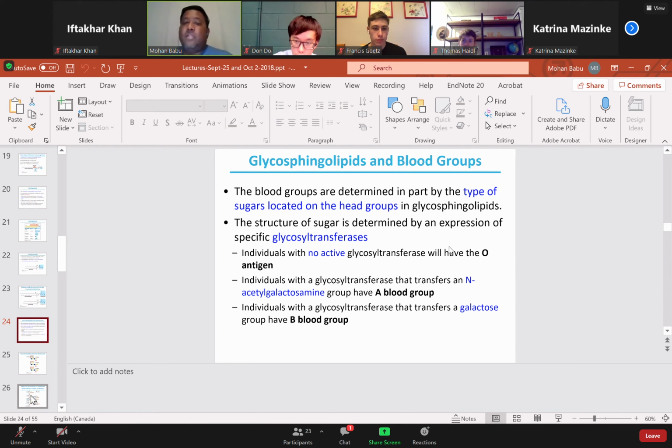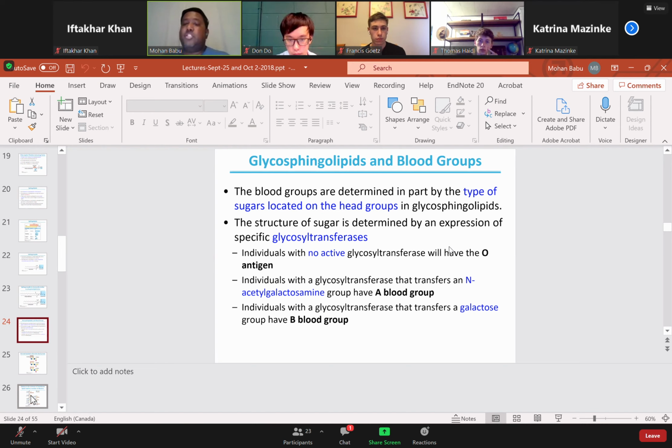If a person has an A blood group, that means they have a glycosyltransferase that adds N-acetylgalactosamine. Whereas in the case of a B blood group, individuals have a glycosyltransferase that transfers a galactose group. This is how you differentiate these blood groups based on the glycosphingolipids.